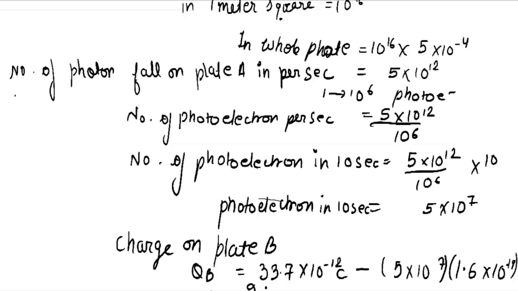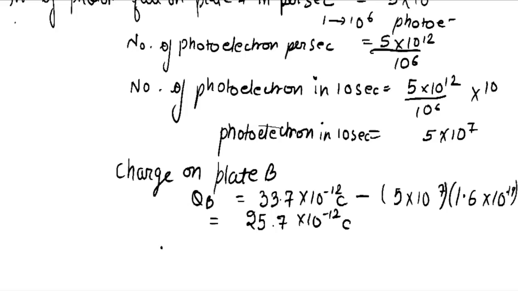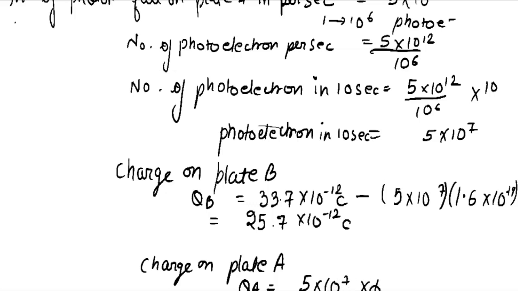We have 25.7 into 10 raised to the power minus 12 coulombs charge on plate B. And the charge on plate A is 5 into 10 raised to the power 7 into 1.6 into 10 raised to the power minus 19, which equals 8 into 10 raised to the power minus 12 coulombs.